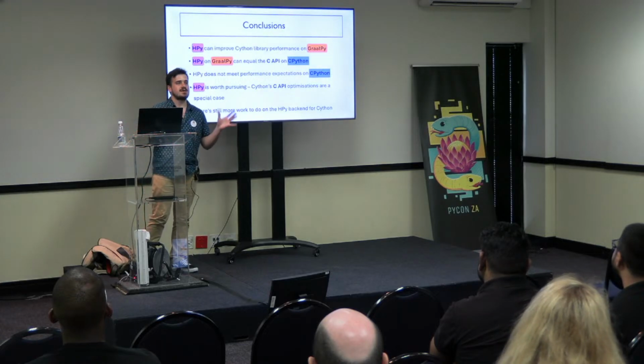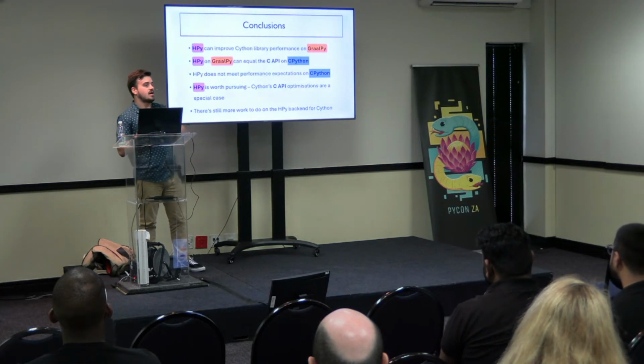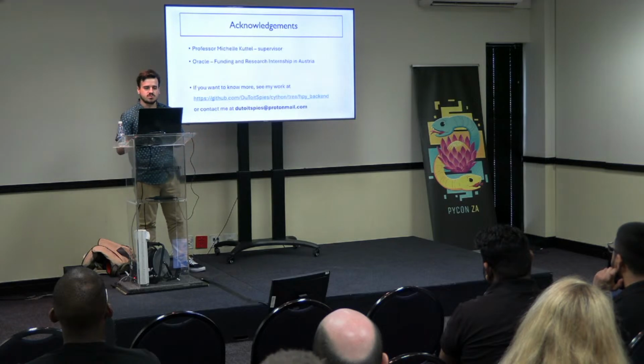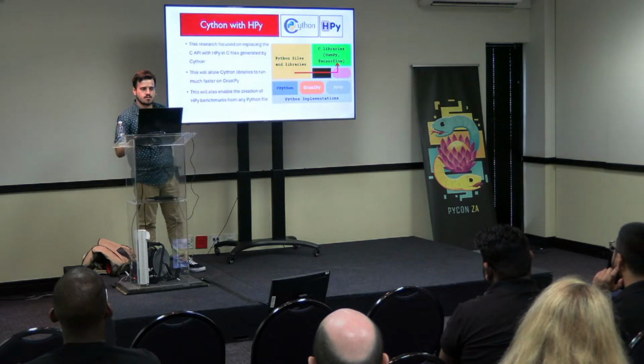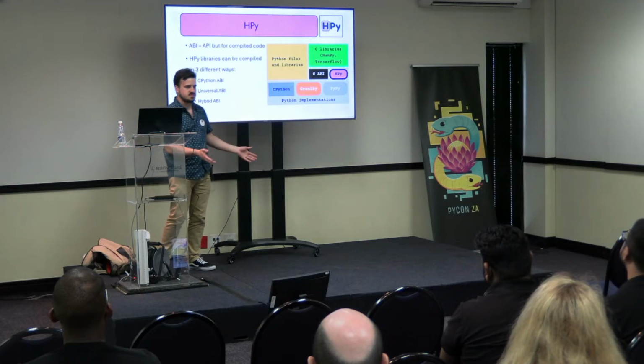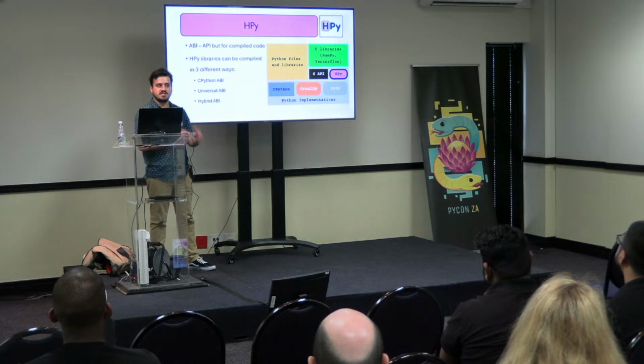Okay, so HPy is written in C because it's meant for the C API, but that's just the top layer. It depends on what you run it on. So if you run it on the CPython ABI, it just turns into C code. Whereas if you run it in universal mode, it depends on the implementation.